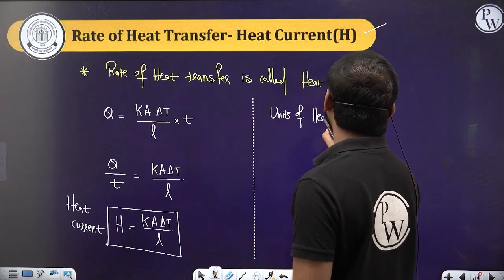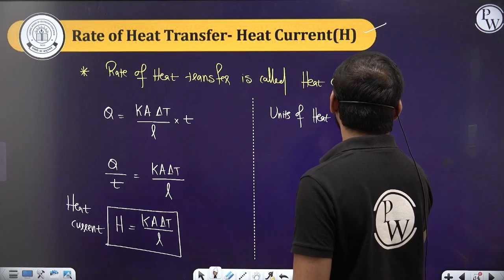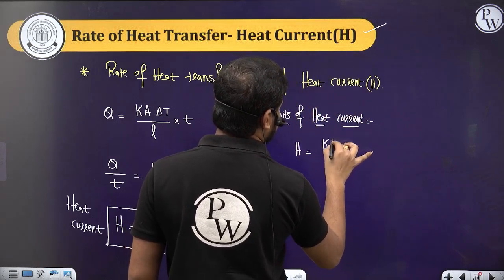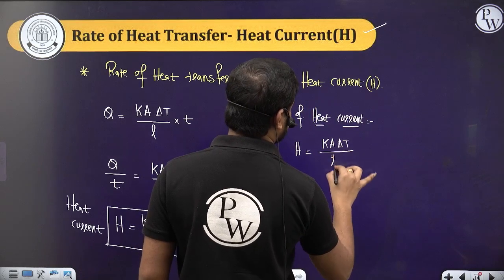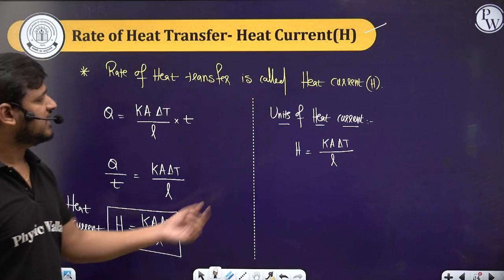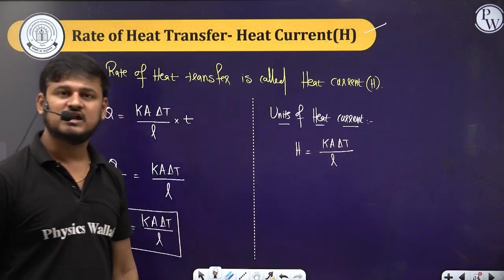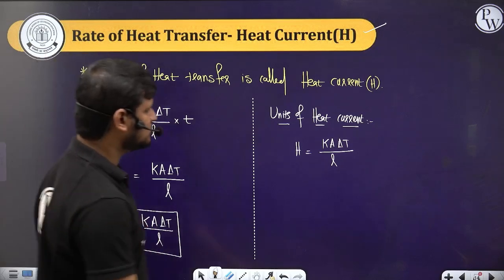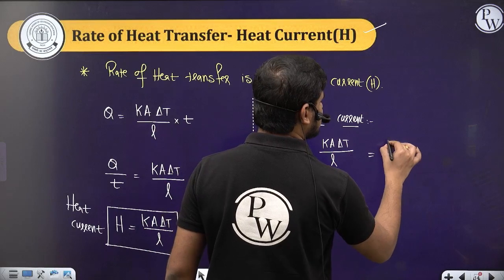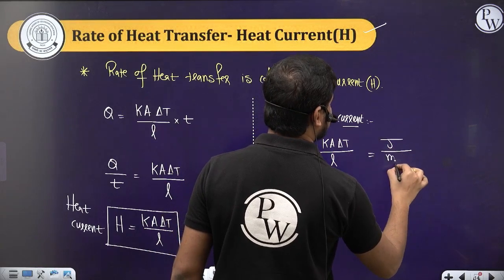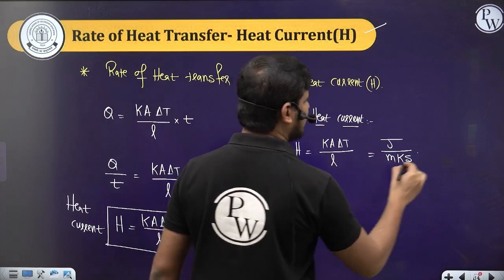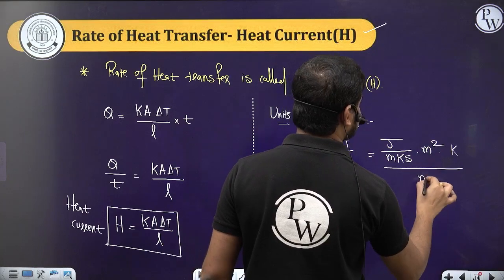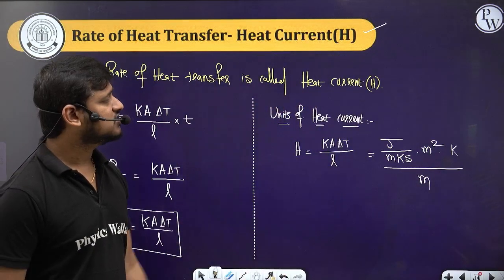First write down the formula: H is equal to K A delta T by L. We know the units of K, area, delta T and length, so you can write the units easily. K is joule per meter Kelvin second, into area meter square, delta T Kelvin, by length meter.